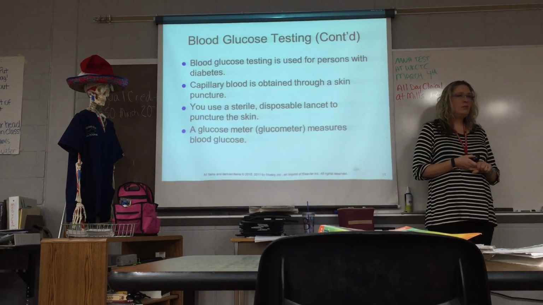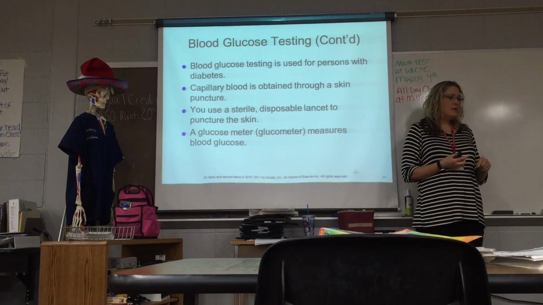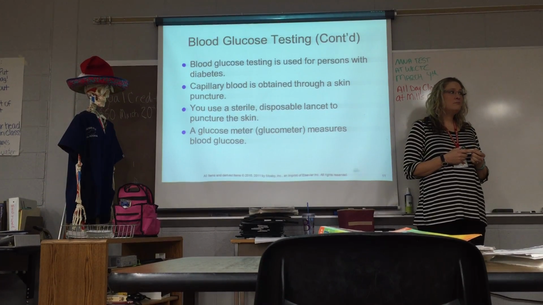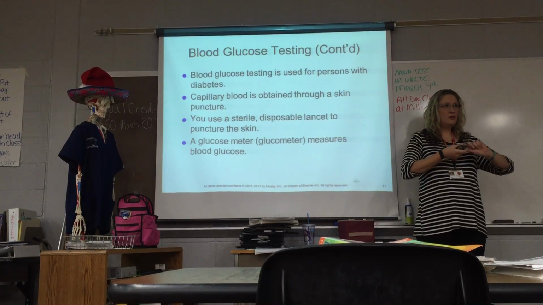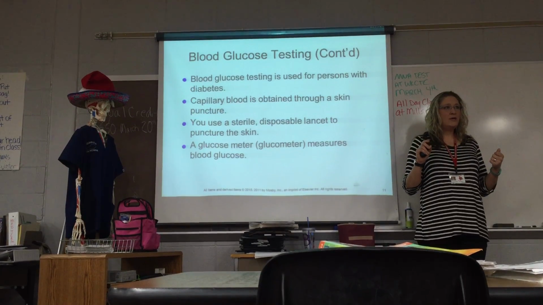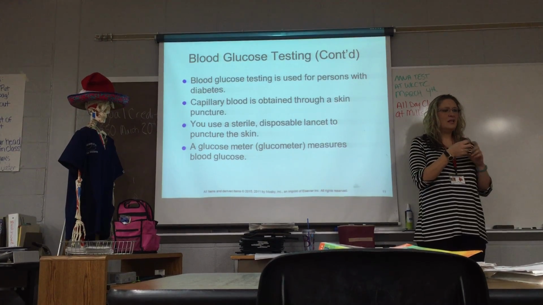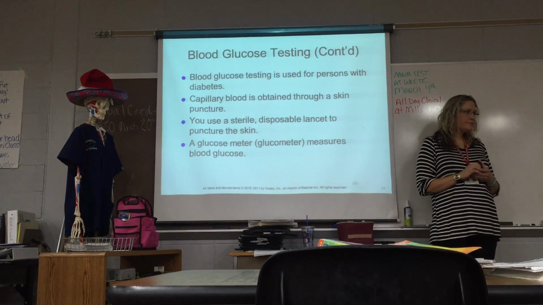Okay. Blood glucose. If you have diabetes, we want to test your blood sugar. Most of the time you're going to use the capillary blood in the fingers, and the little lancet you use will have a cover over it. You'll twist off the top, because it should be sterile, and you never reuse those. You stick it like a little pin and it pops and you get the blood sample.